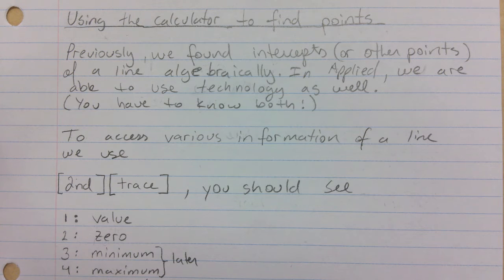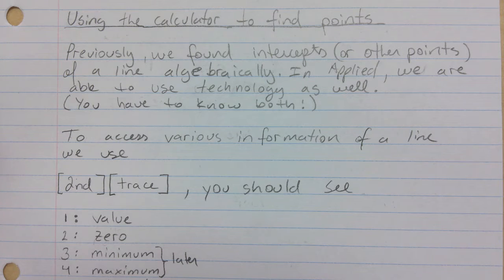All right. So basically what I'm telling you here on the slide is you used to have to do everything algebraically in IPR, right? In grade 9. But right now in applied, we're also able to use technology, right? But you have to know how to do both.